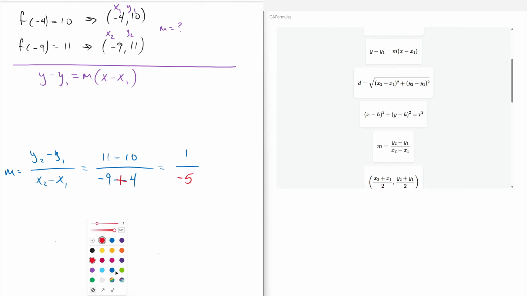From here, we're going to go back to this formula, but now I know that my slope is -1/5.